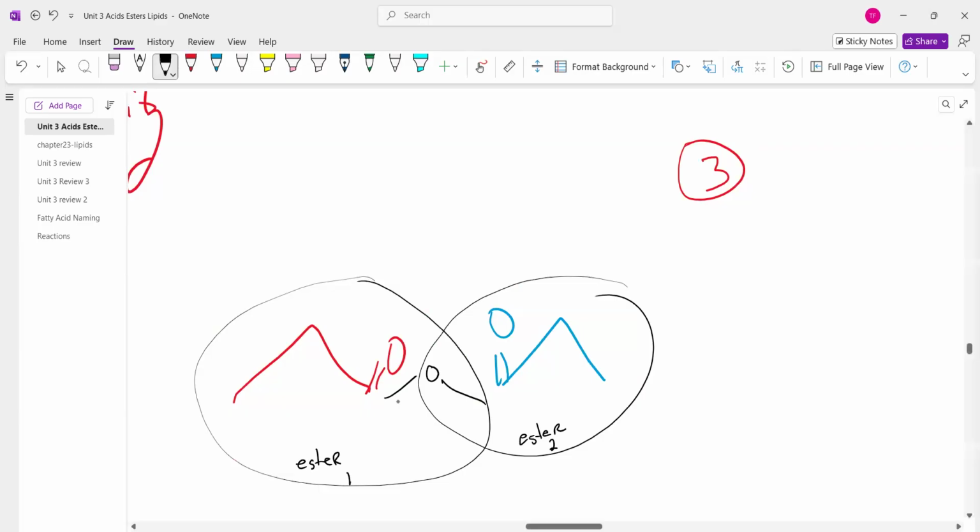Now the acid part here, in the case I just did, is the same ester. It's a 3-carbon ester. It doesn't have to be though, it can be different lengths. Normally, when we're doing simple esters, we use the common anhydride, and this is an anhydride.